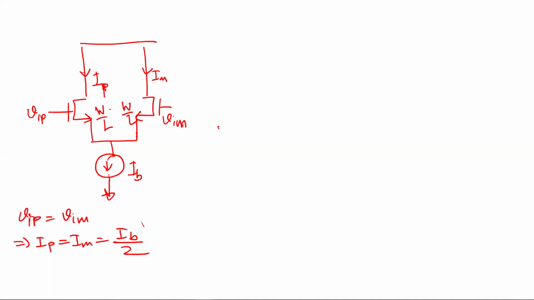So in saturation, what's the current equation? Mu n Cox over 2 W over L, VGS minus VT whole square, right? So if I write IP equals mu n Cox over 2 W over L, VGSP minus VT square. What's IM?